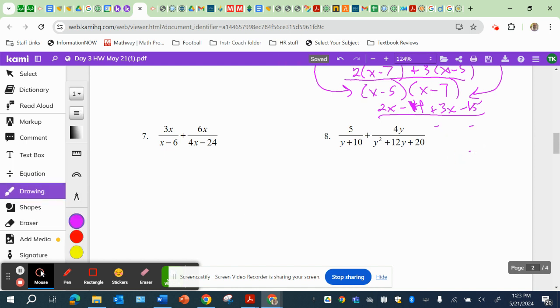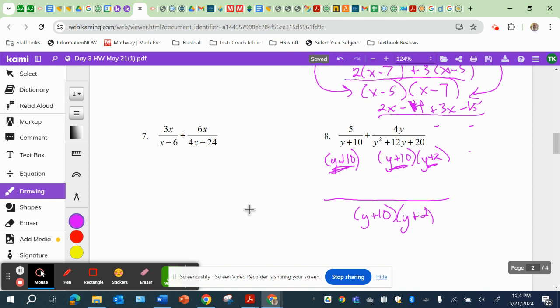So sometimes you have to factor. Usually if there's a factor over here, it's going to be the same as one of the factors. So again, your denominator would be, I need a y plus 10. This one needs a y plus 10 and y plus 2. I already have a y plus 10, so I put my y plus 2.